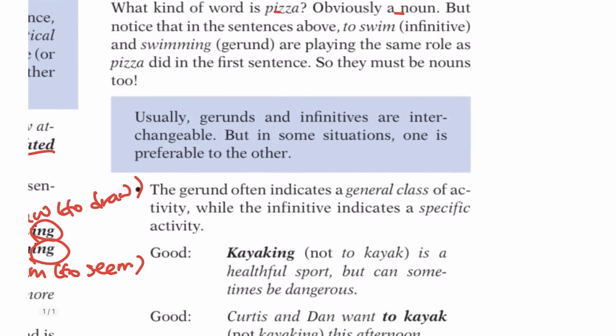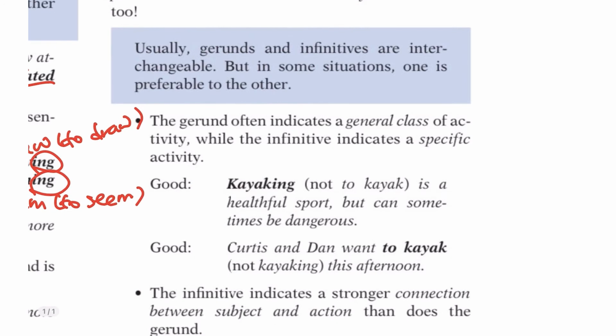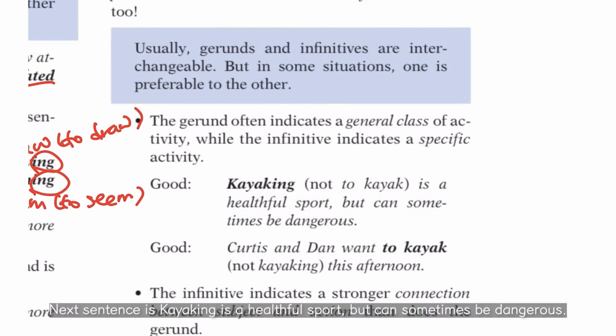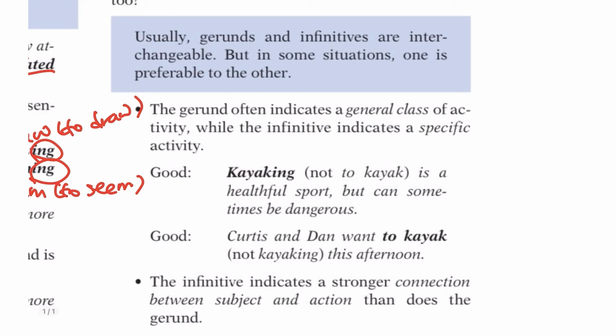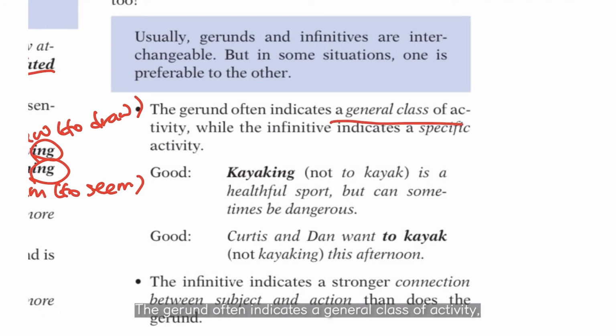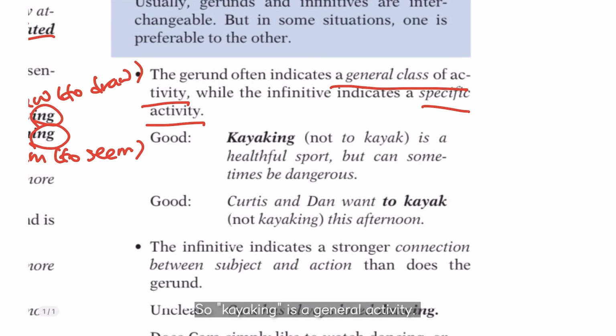And so, the next sentence says, "Kayaking is a healthful sport but can sometimes be dangerous." The gerund often indicates a general class of activity, while the infinitive indicates a specific activity. So kayaking is a general activity.